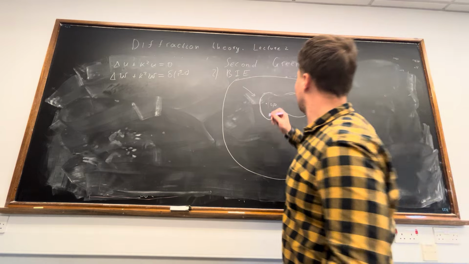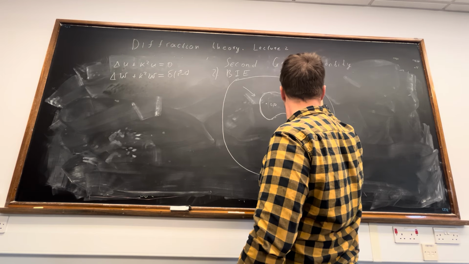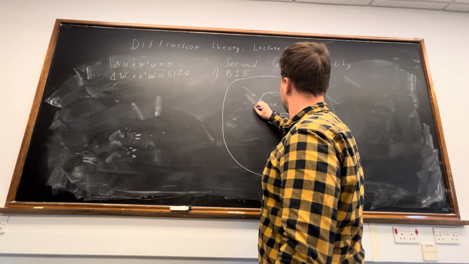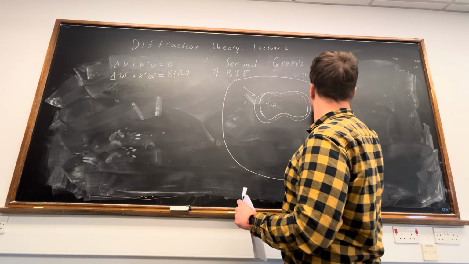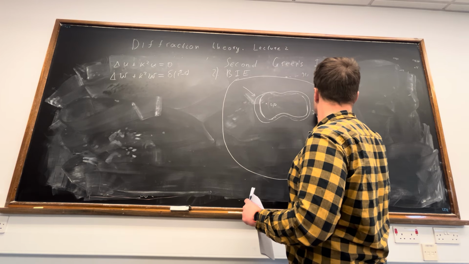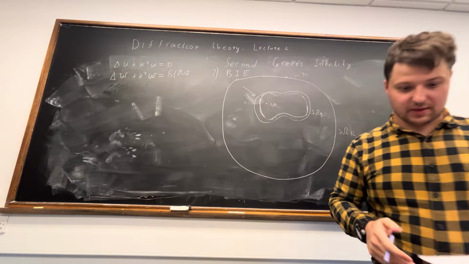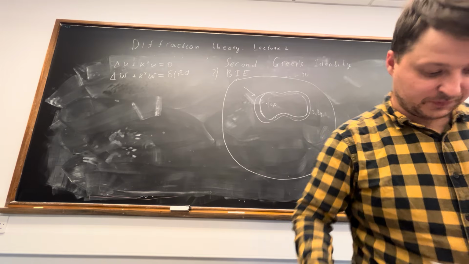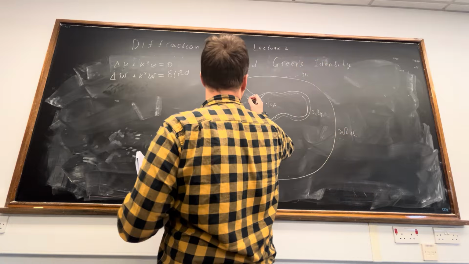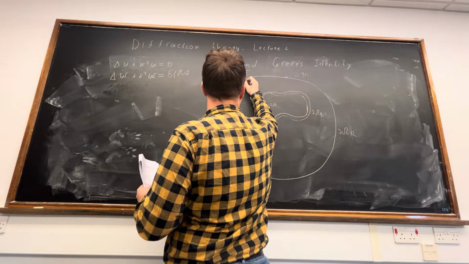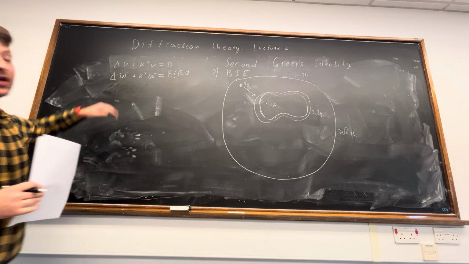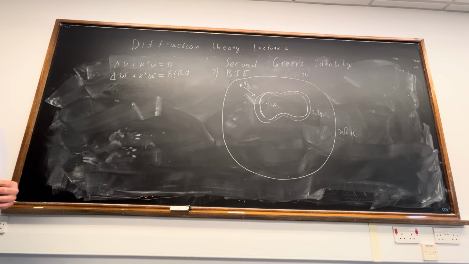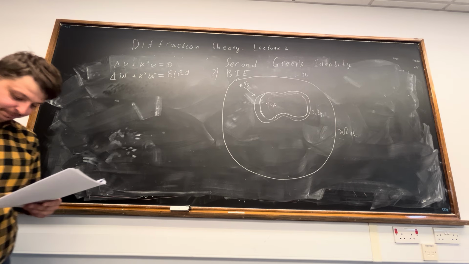Let me put the difference in color is not too big. But anyway, I will denote this part as d omega s, and this part is d omega r. And similarly, let us have some pointers, and U let be a solution of our diffraction problem with the incident wave.